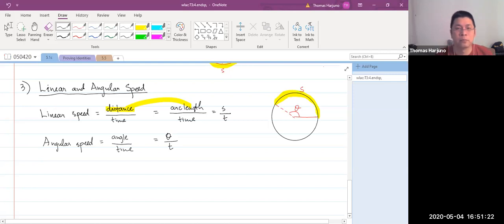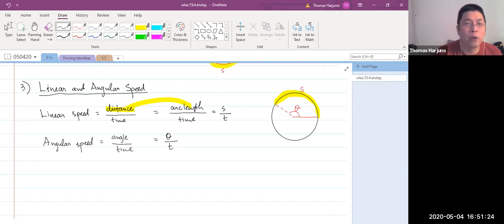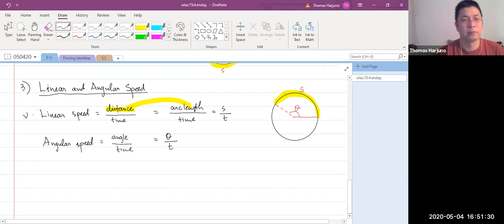Now, the notation for linear speed is denoted by v, and angular speed is denoted by omega. It looks like a w, but it's actually omega, lowercase omega.